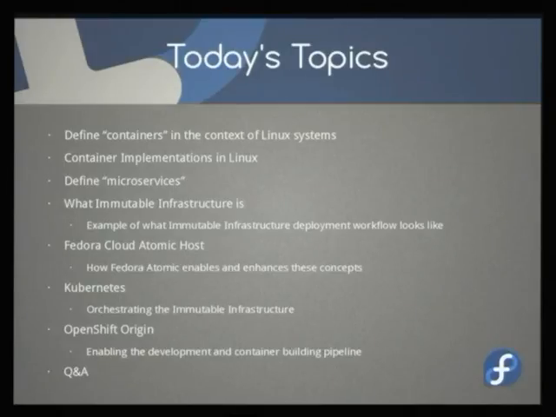Hopefully some are, but maybe it'll be new for some of you. We'll talk about Kubernetes, or Kubernetes, depending on who you ask how it's pronounced, which is kind of an orchestration layer for container management, and then also OpenShift Origin, which is a project that kind of enables a lot of these concepts we're going to talk about into a developer workflow.